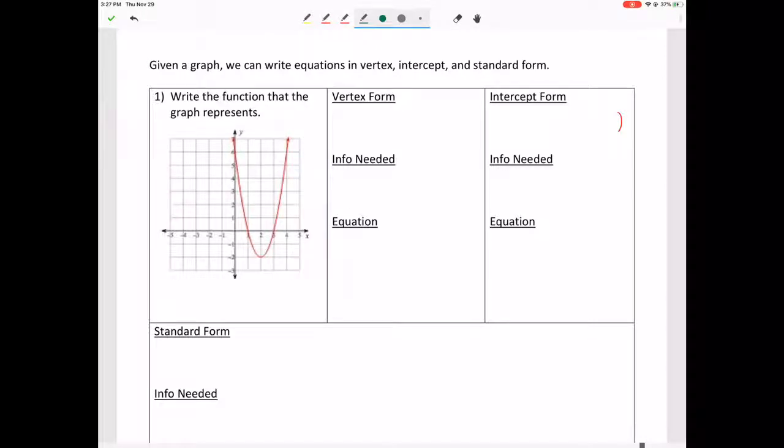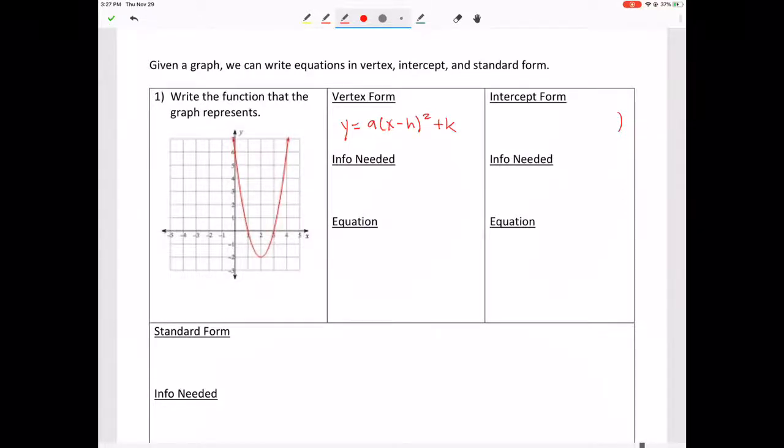All right, so we've done the hard part. I think this is the easier part of today. So given a graph, we can write the equations in vertex, intercept, and standard form. So I'm going to rewrite these again. Vertex form is y equals a times (x minus h) squared plus k.